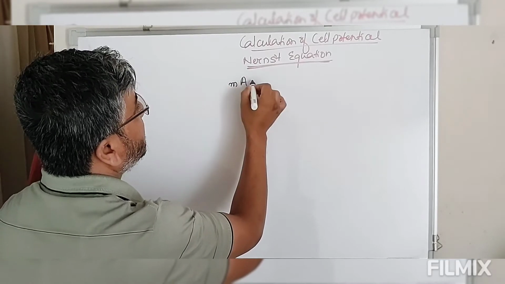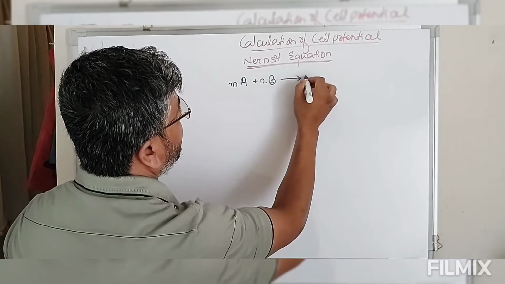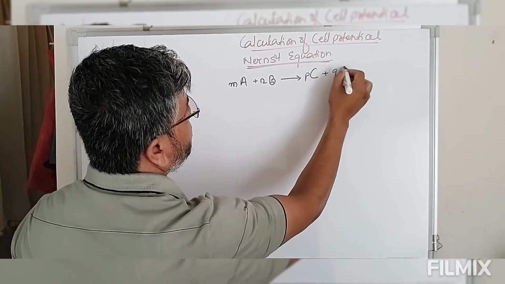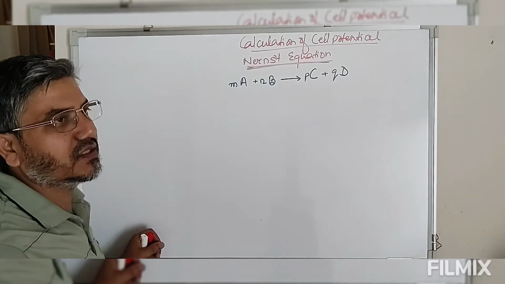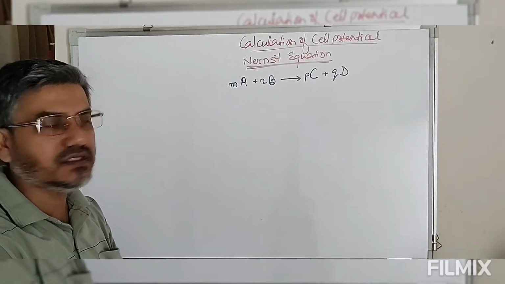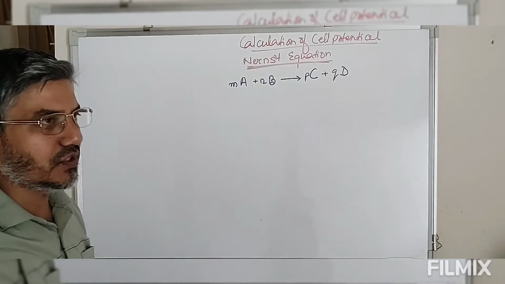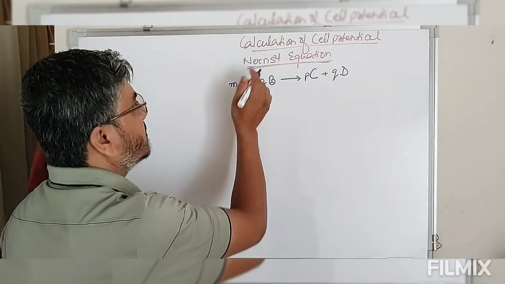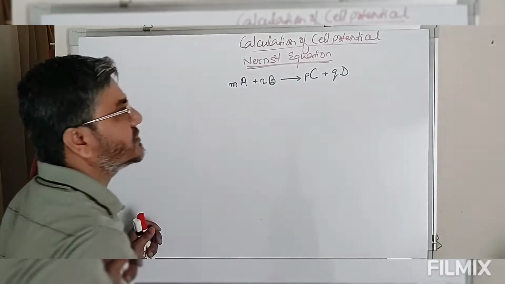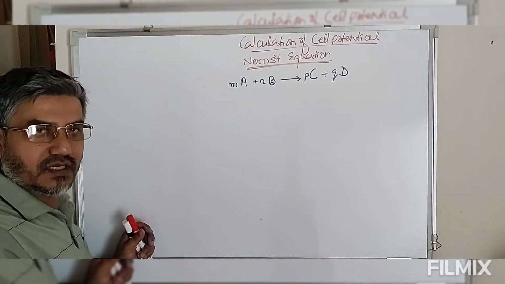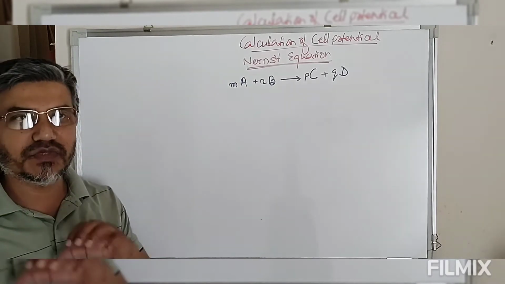M moles of A combines with N moles of B, and this gives you P moles of C plus Q moles of D. Suppose this is a balanced redox reaction, and for this redox reaction we have to write down the cell potential, that is the Nernst equation. Here M, N, P, Q are the stoichiometric coefficients of A, B, C, D in the balanced chemical equation. That means to write down this Nernst equation, the redox reaction should be well balanced.